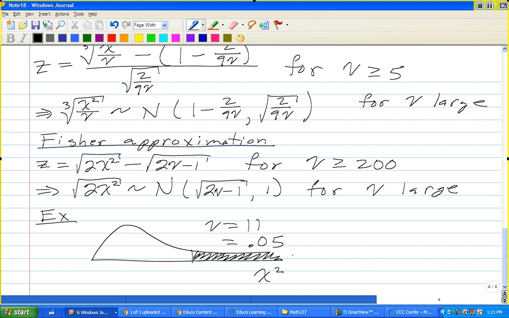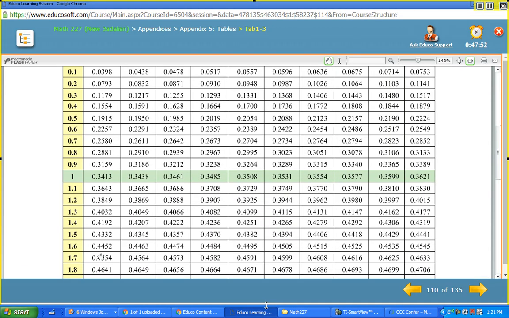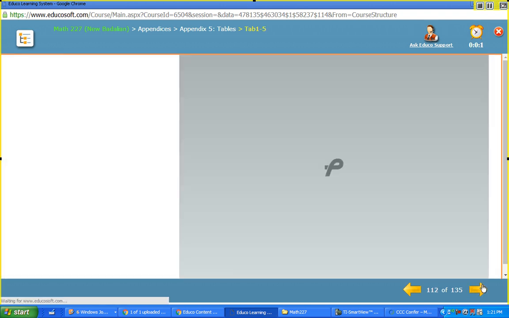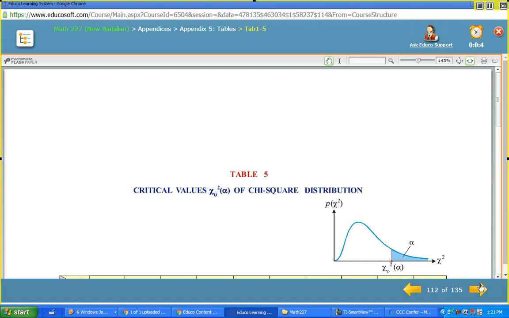Okay, there. And so I want to find the value of chi squared. So let's look. Here it is. No, it's not. 2 more down. Yeah, there it's chi squared.